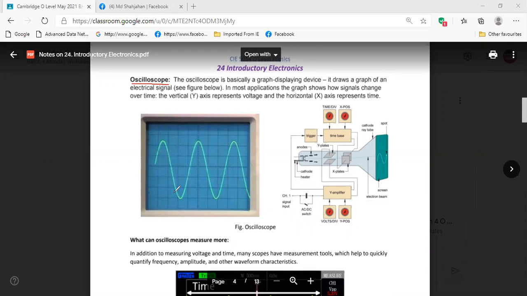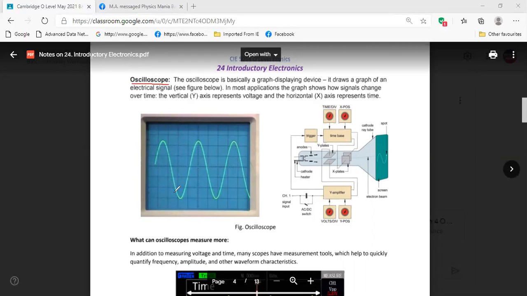We can measure the frequency of sound, we can measure the wavelength of the sound from there, and if you know frequency and wavelength, then you can find the speed of the sound, right? By the formula v equals f lambda. So this way we are using the oscilloscope.